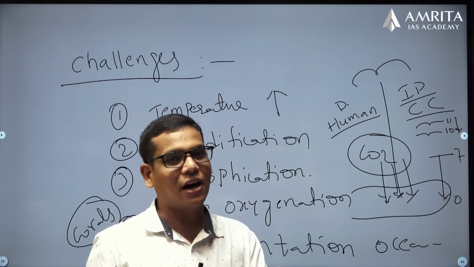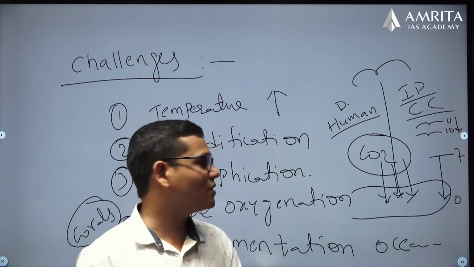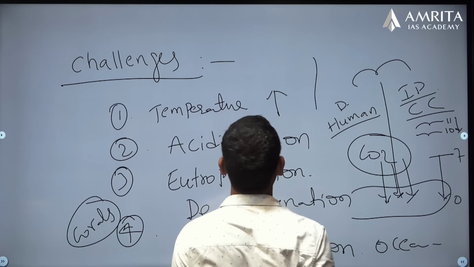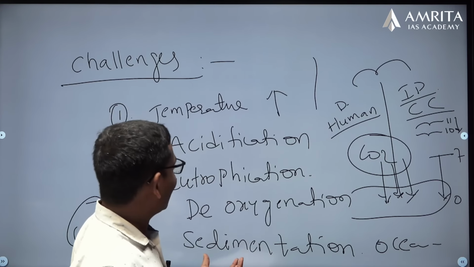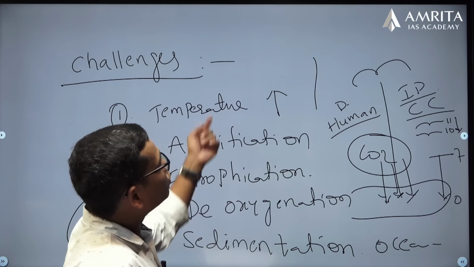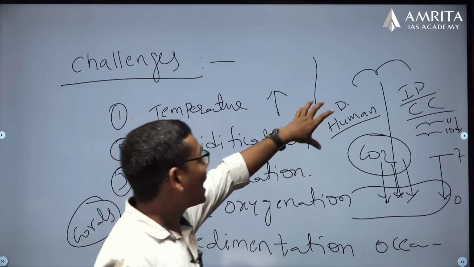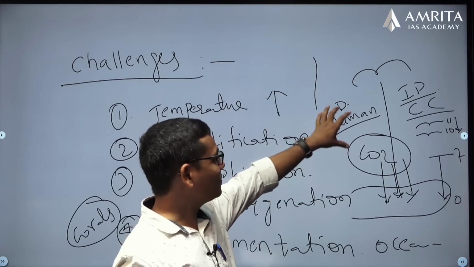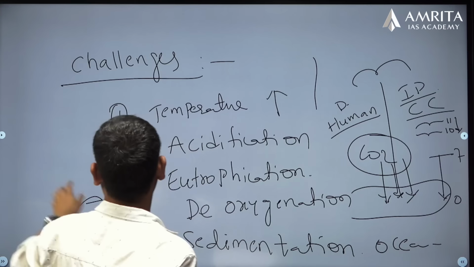We don't know exactly how it is going to impact, but anyhow it will certainly have an impact on these coastal areas. So these are some of the challenges that the oceans are facing, which are human induced but not direct human intervention. I will come to the direct human intervention now.